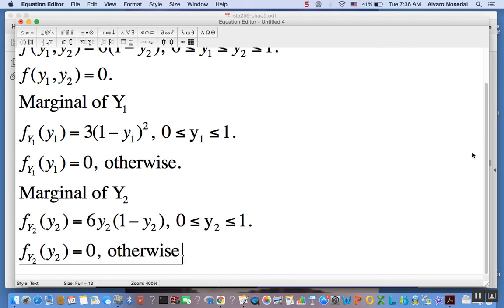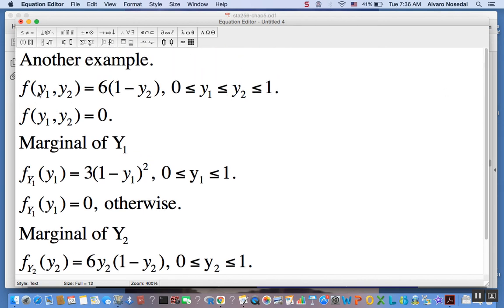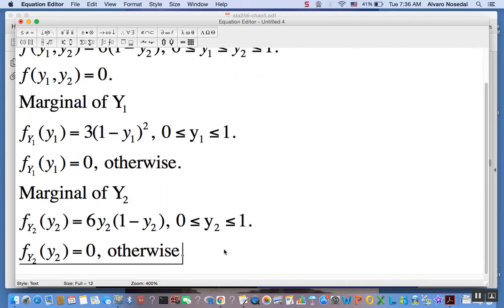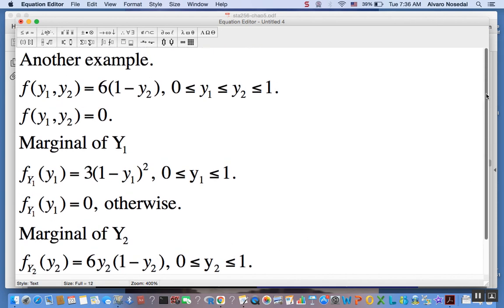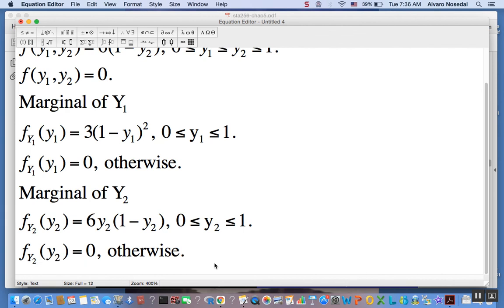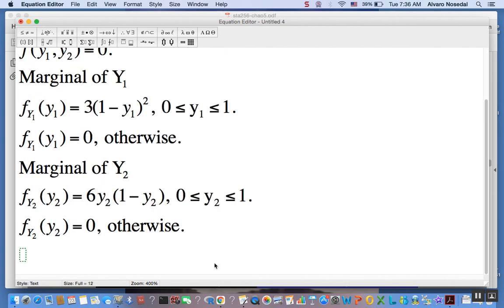But now what we want to do is apply that theorem. If the joint equals the product of the marginals, then y1 and y2 are independent. Clearly, in this case, that is not satisfied, right? Can you see that? So let's just write that down.